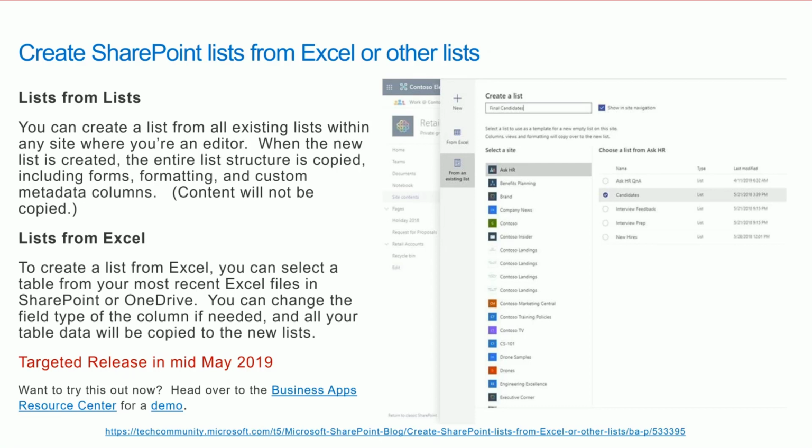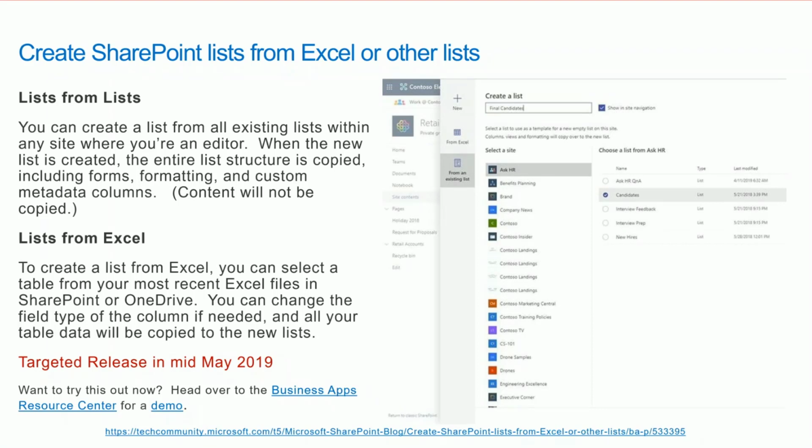this past month, they released an update for SharePoint lists to be created from Excel sheets, which we've been able to do for a while, but also now from other SharePoint lists. So we can use a list as a template to create another list and import a bunch of settings and columns and I believe even views.